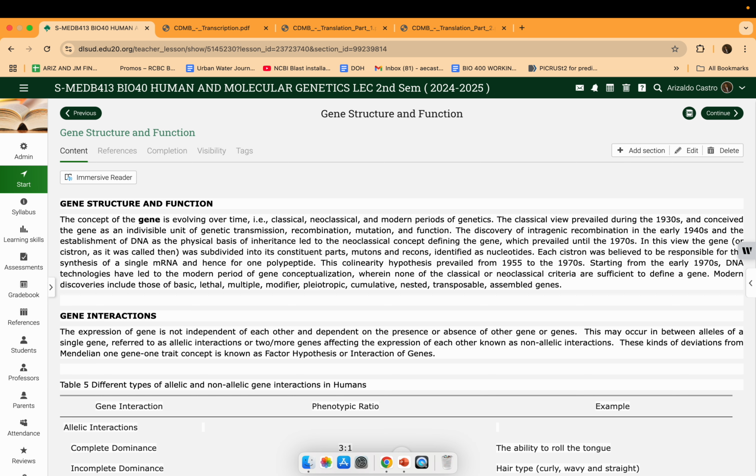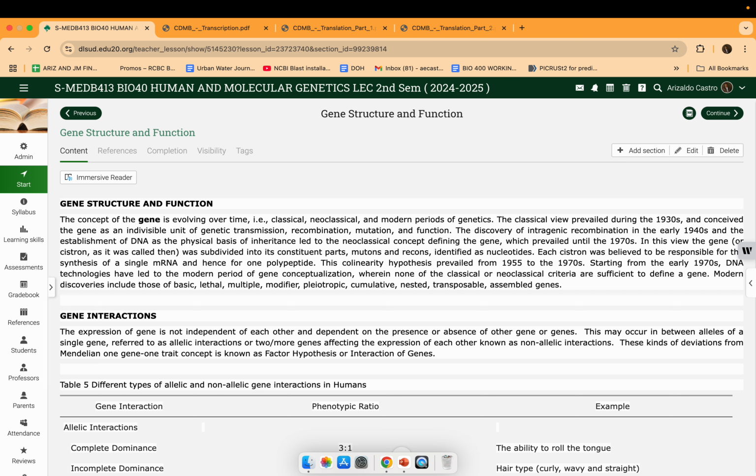And we came to know about transmission patterns. And we also identified, from the advent of newer DNA technologies such as PCR and DNA sequencing, the Human Genome Project, if you would remember from our previous modules.